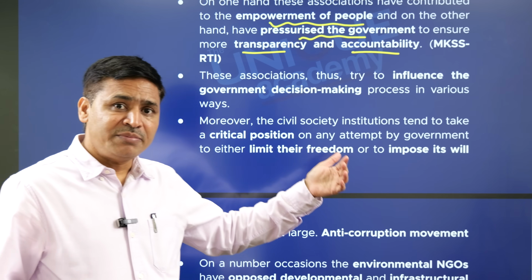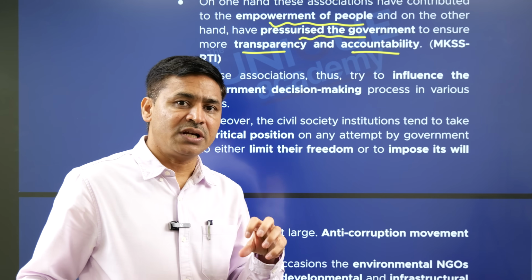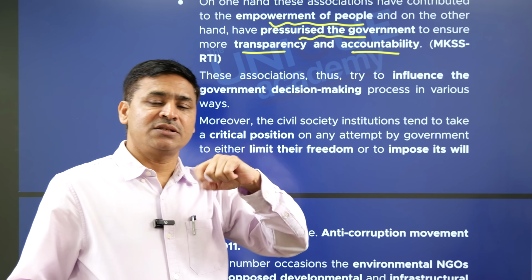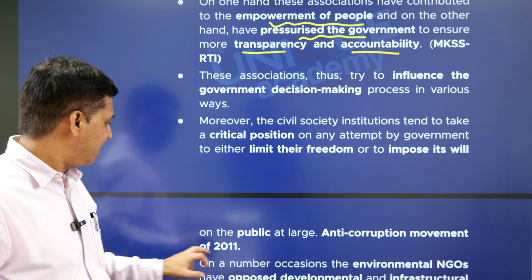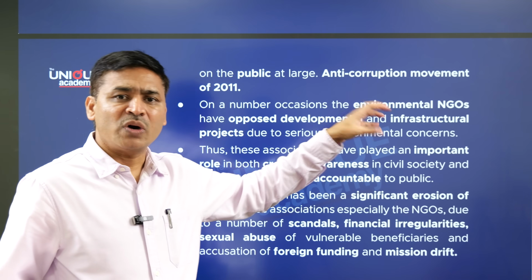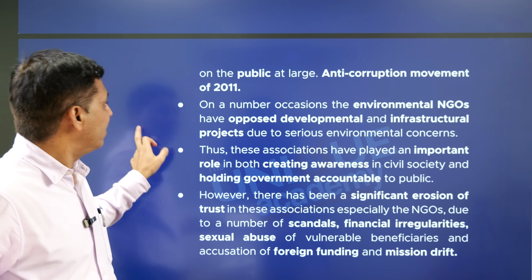Then there is another attempt which always comes from the state, and that attempt happens to be imposing its own will as the will of the people, in the name of the people. And we have just cited one relevant example, the anti-corruption movement in 2011.